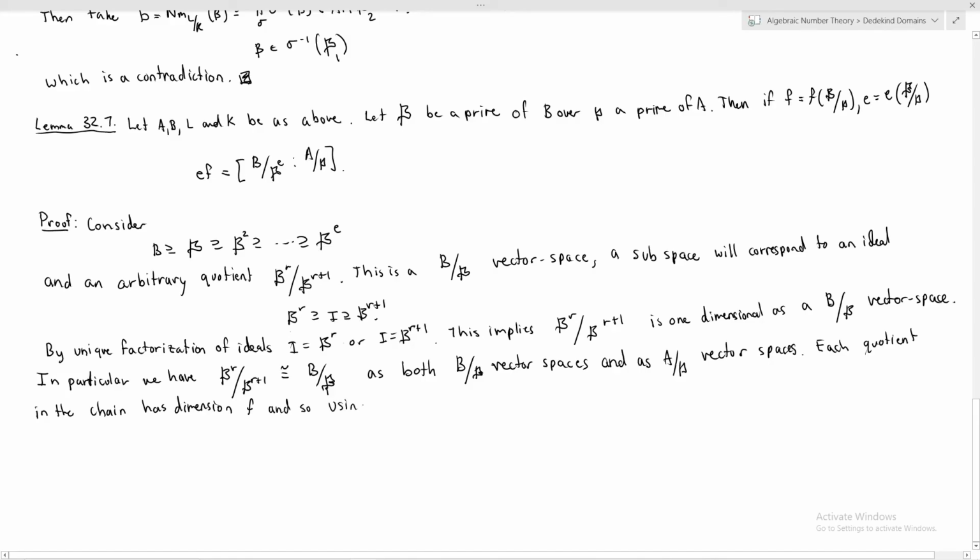Basically using the following two things, you can get the result. That the dimension of a quotient space, you just subtract the dimension of the subspace from the dimension of the whole space. And I think it's like the second isomorphism theorem.